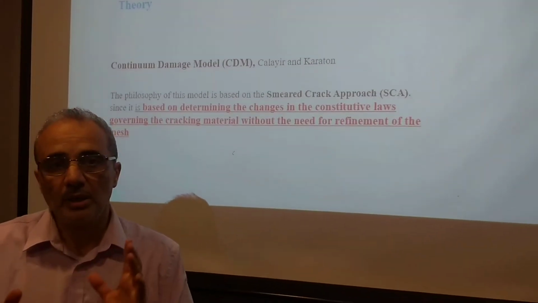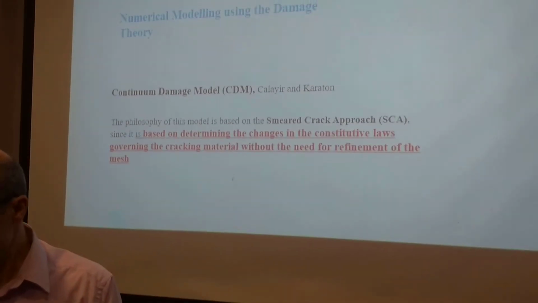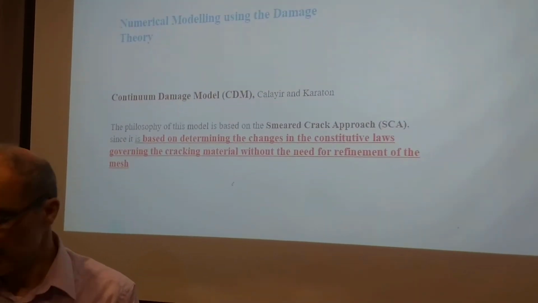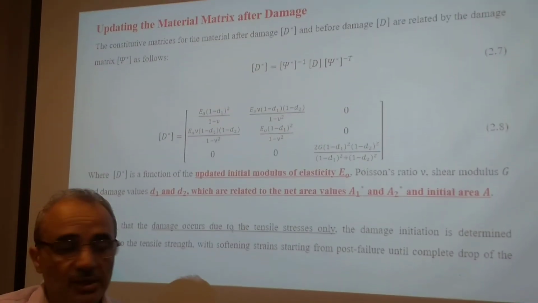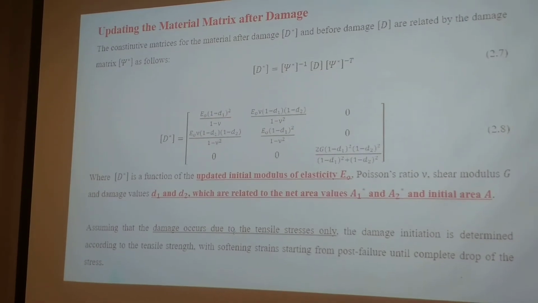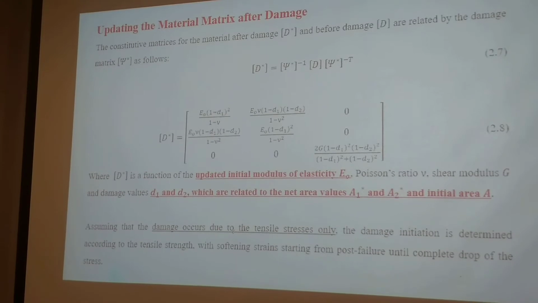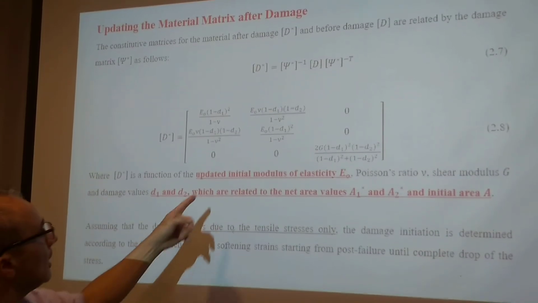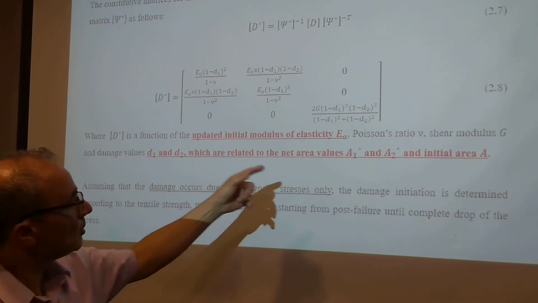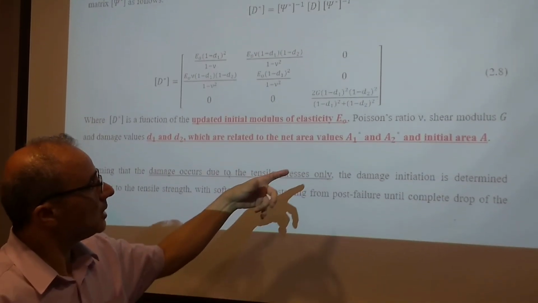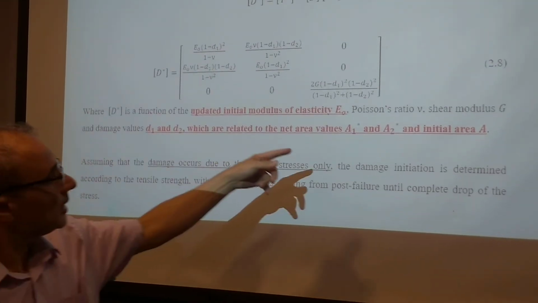So without refining the mesh, we can control the constitutive laws that are governing the cracking inside the material, the continuum. For example, it's how to update the material matrix after damage, which is D star, and it is related to how to update the modulus of elasticity and how to update the geometric section, which is dependent on the initial area and the area after damage.